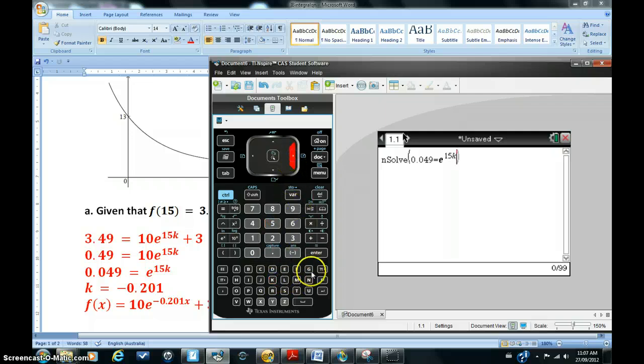Hit the right arrow button and comma k. Okay, there we are. There's the answer, minus 0.201062, and you can round that to 3 significant figures.